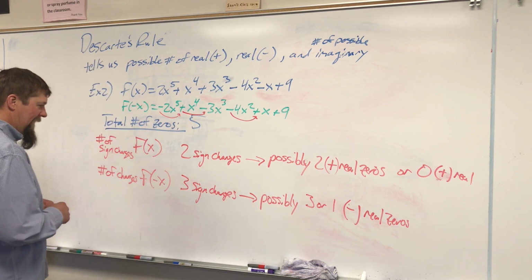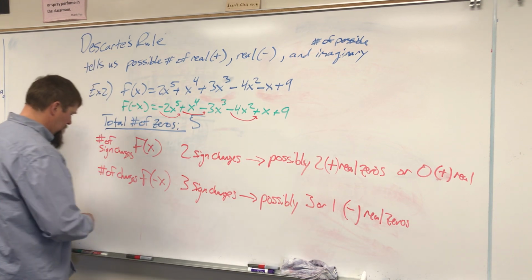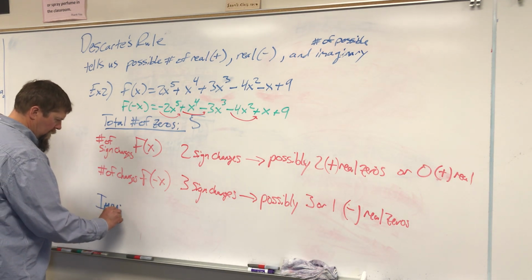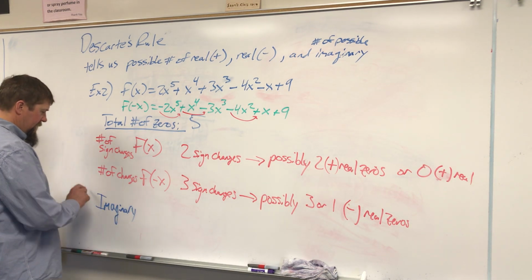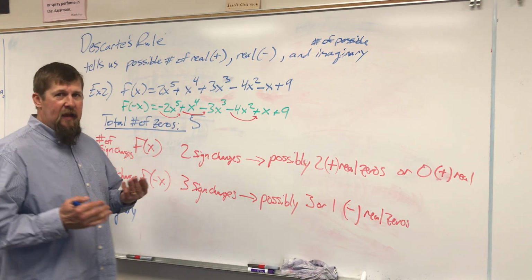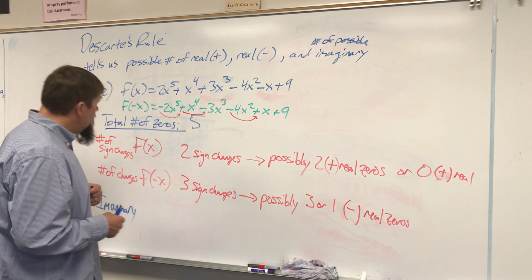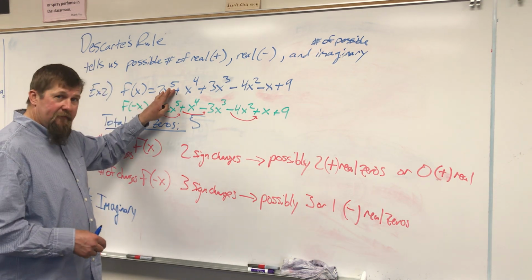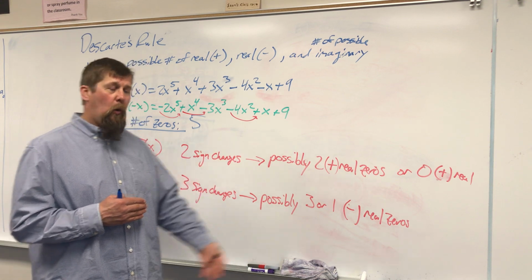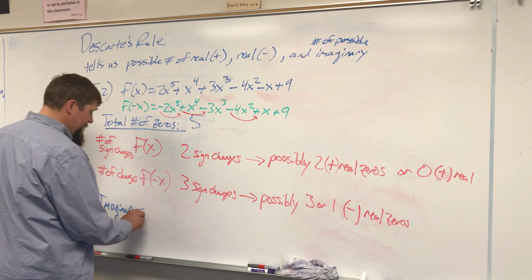The number of imaginary. We know that we can't have an odd number of imaginary, and the degree is 5. So that means I could have at most 4 imaginary.